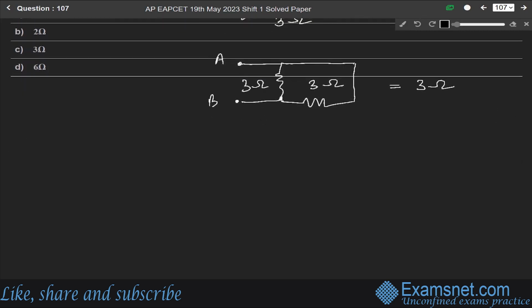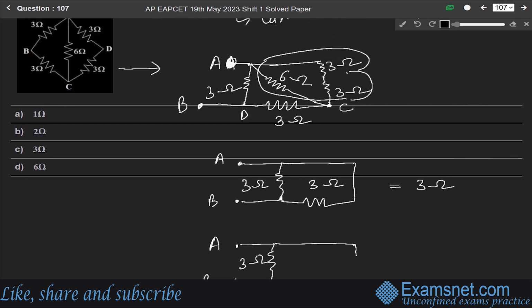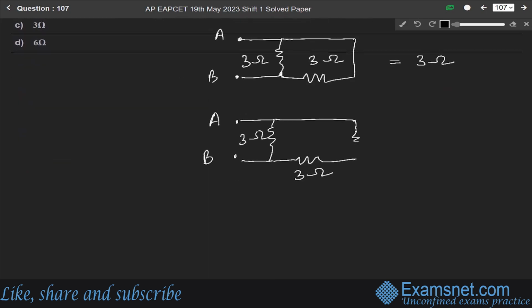Now again, this can be A, B. This will be again 3 ohm. This is 3 ohm.